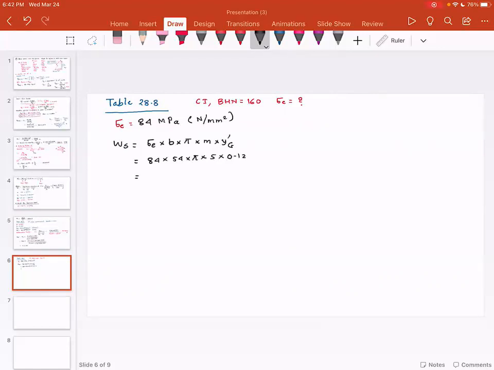You will notice that if you actually plug in these numbers in your calculator, unfortunately your answer will be around 8.5 kilonewton. And this is a big caution.